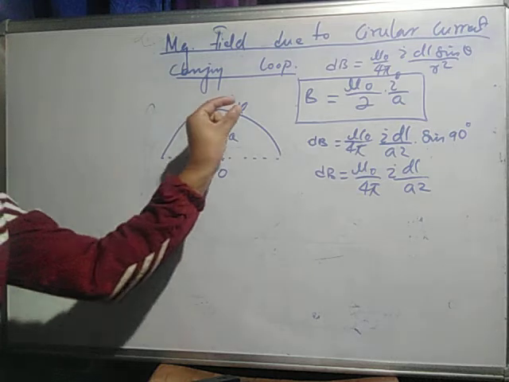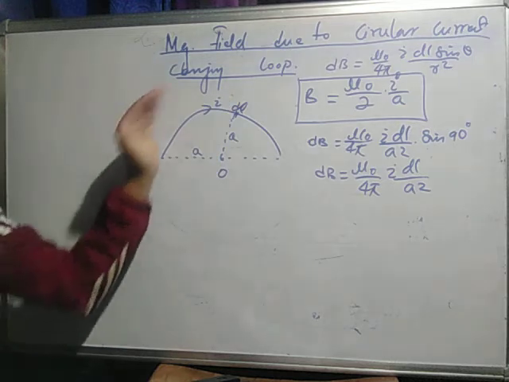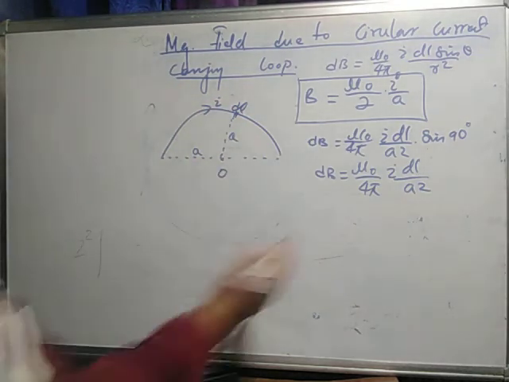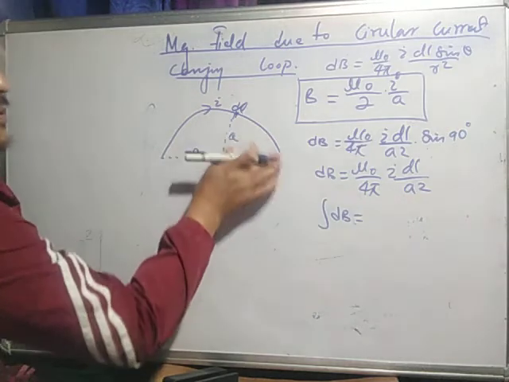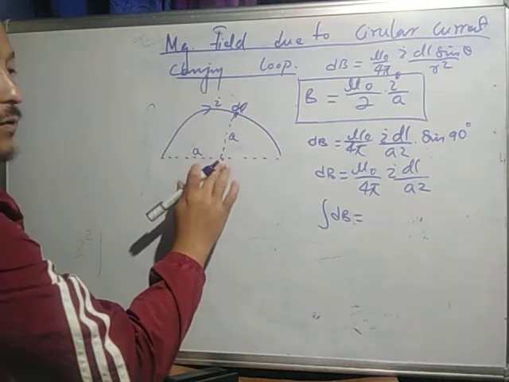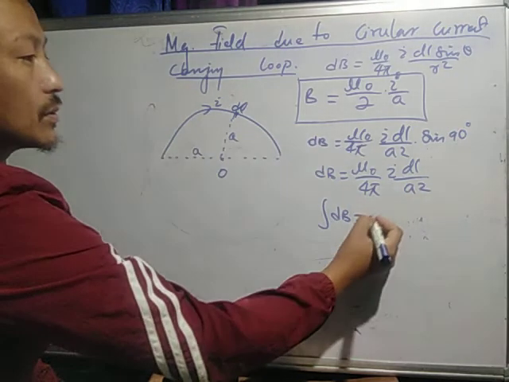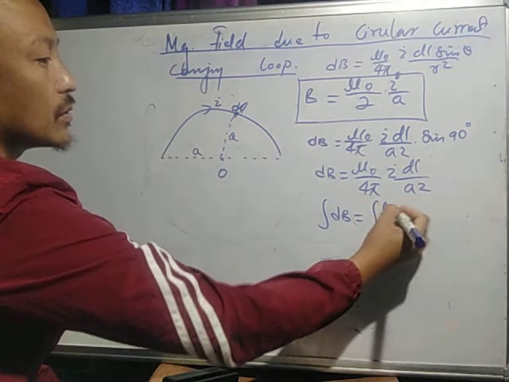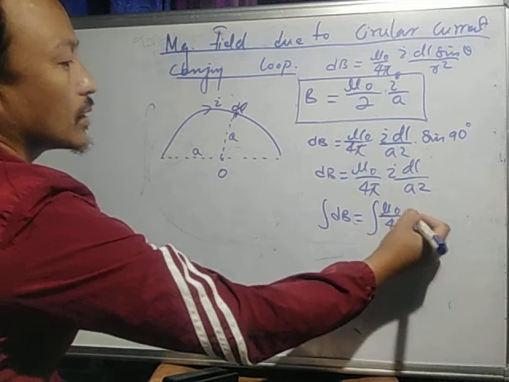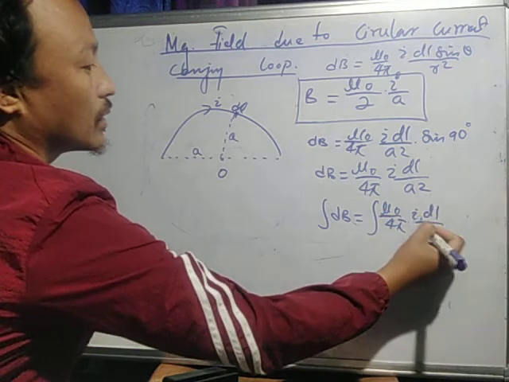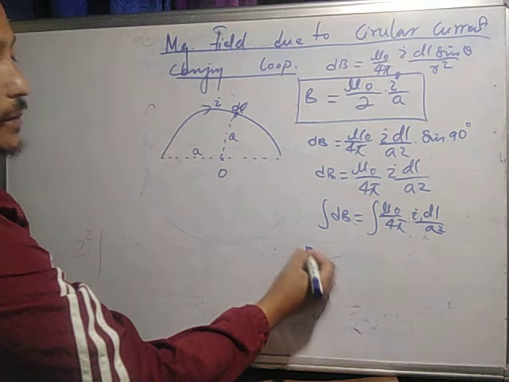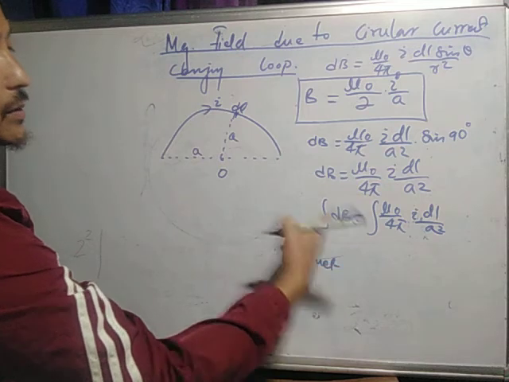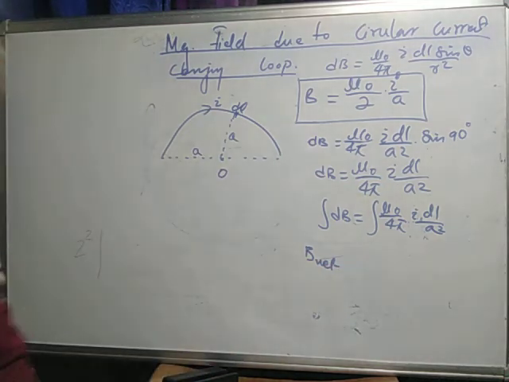So this is all we got from Biot-Savart law. But we know integration. So integrate. When we integrate dB we get everything, since all the elements are producing magnetic field here. So integration of mu naught by 4 pi I dl by a square, right? This is B net, isn't it? Adding all dB we get B net.